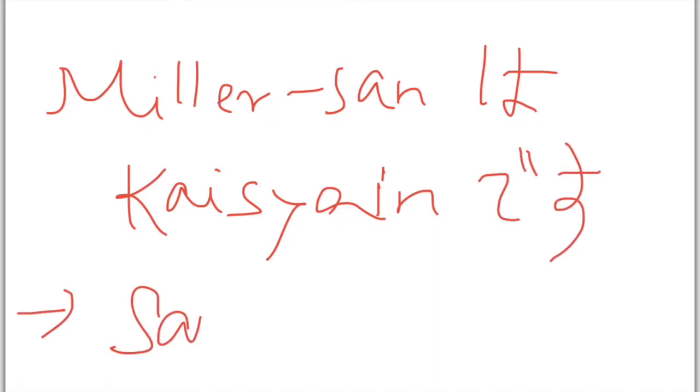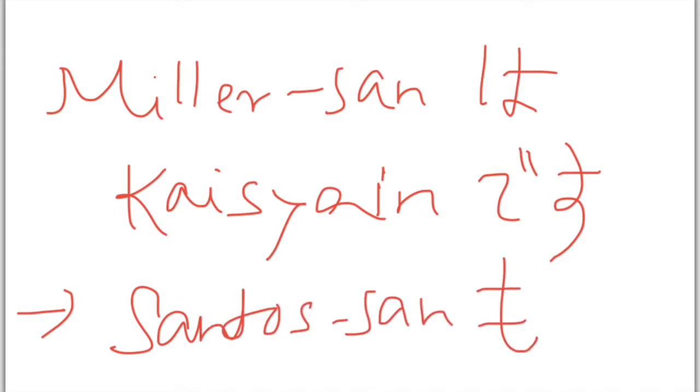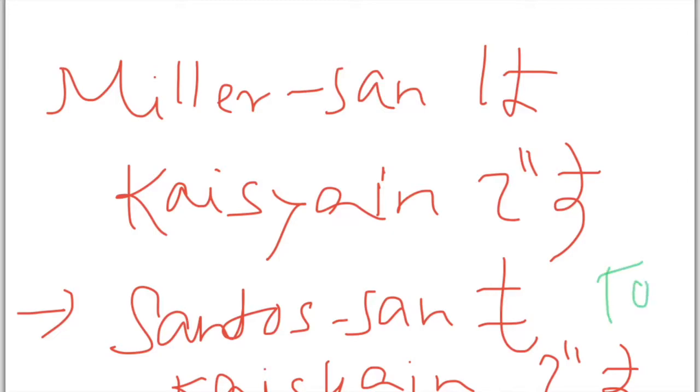Next, Santos-san mo kaishain desu. So this means Miller-san is a kaishain, and Santos-san is also a kaishain. It says "too", or also you can say "and".